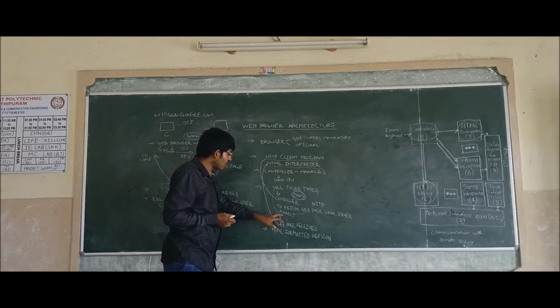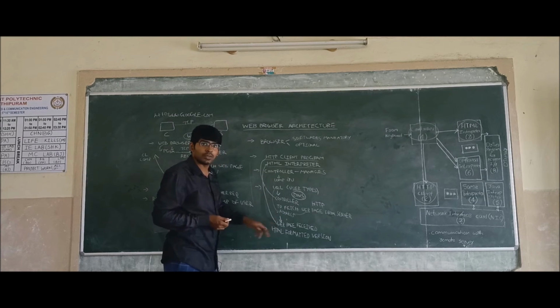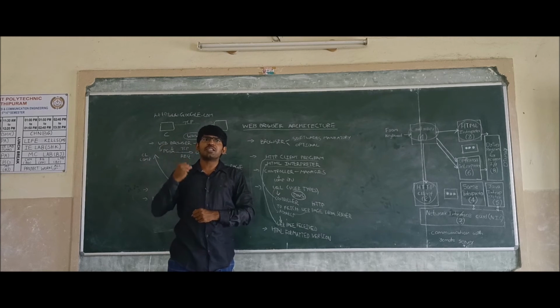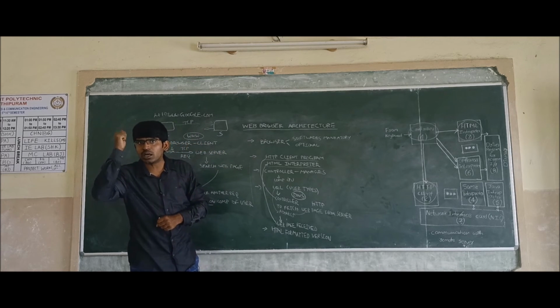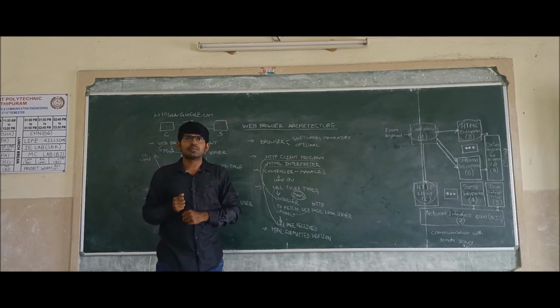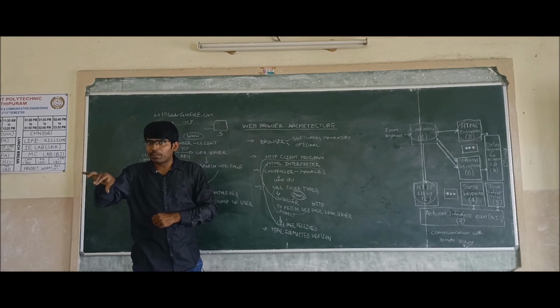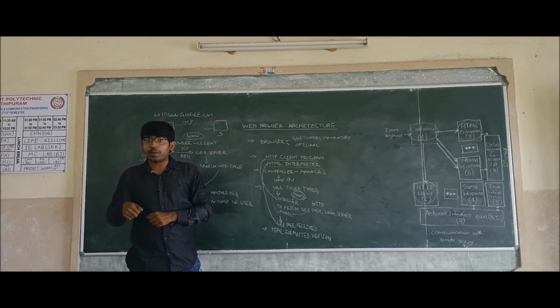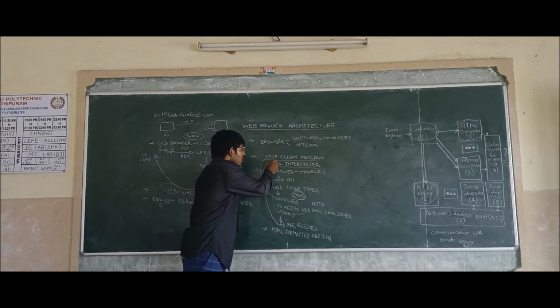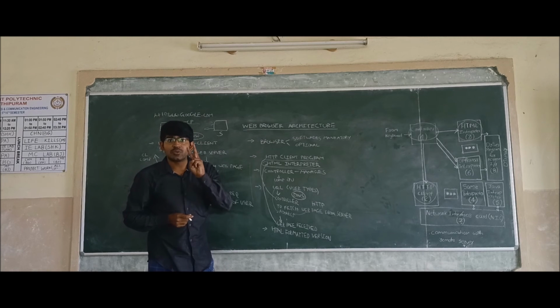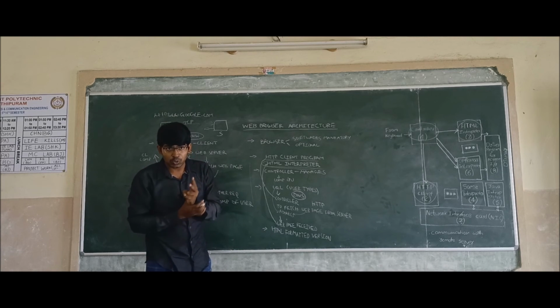After the web page is received, it is not in the user's language. It is in HTML. So this HTML web page should be interpreted for the user. For that we use the HTML interpreter. That's why these two are very important to us.